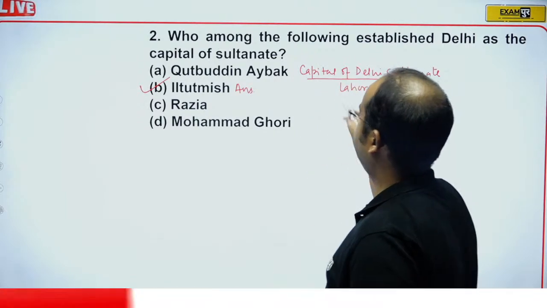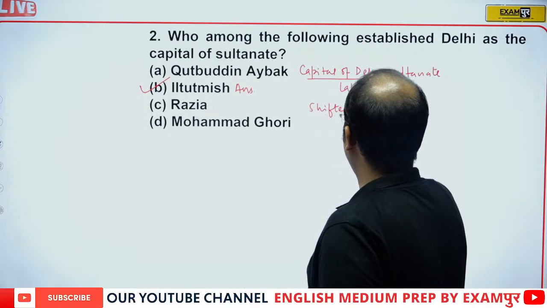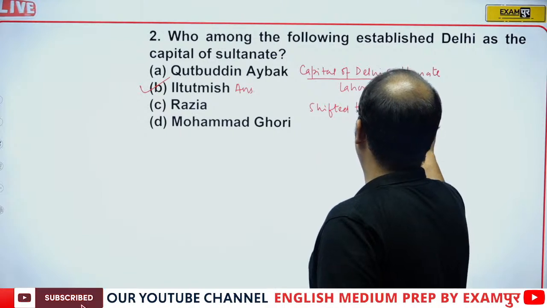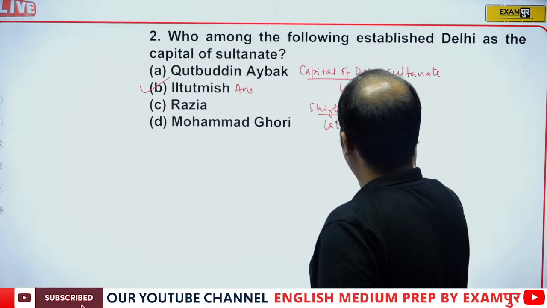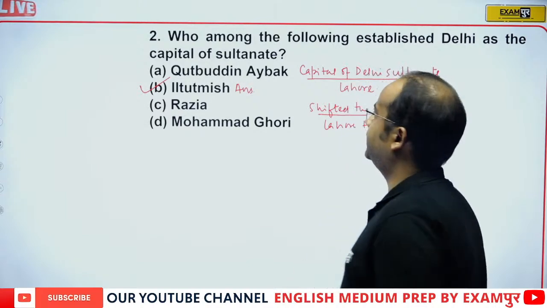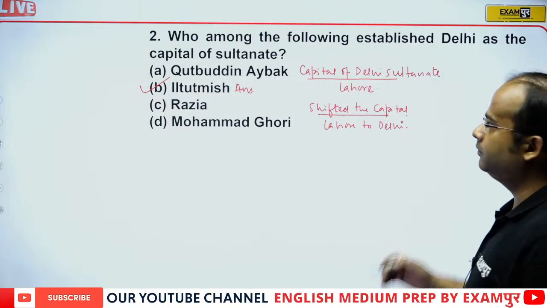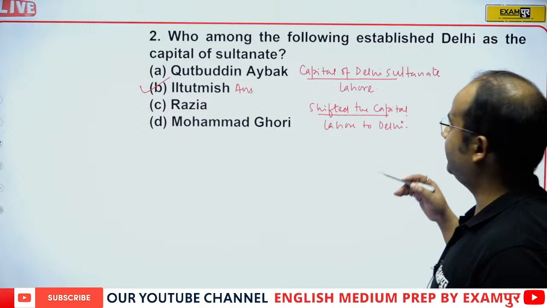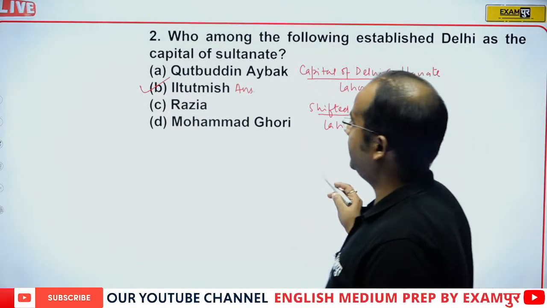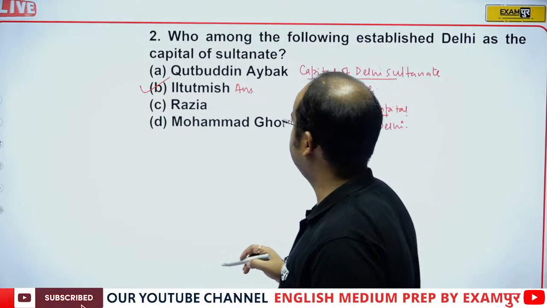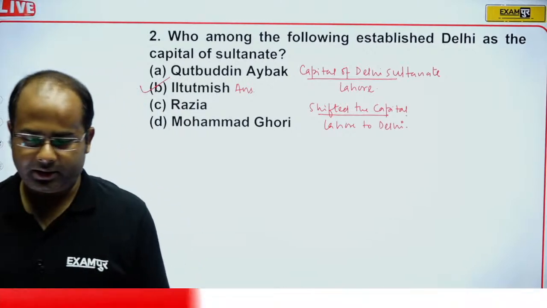So what happened is that Iltutmish shifted the capital from Lahore to Delhi, and till the end of the Delhi Sultanate, the capital was in Delhi. So the correct answer will be, guys, option B, that is Shamsuddin Iltutmish, and the time period is 1211 to 1236.